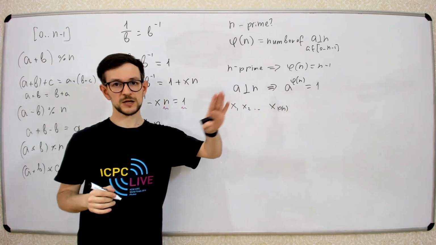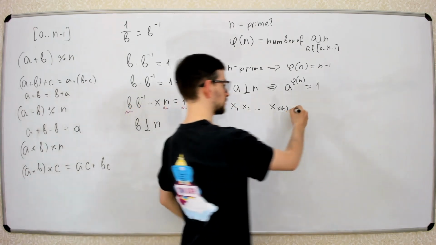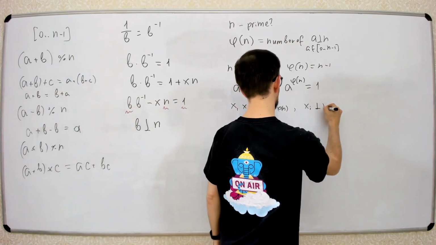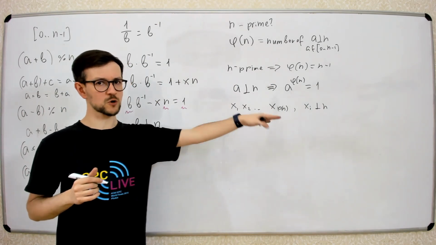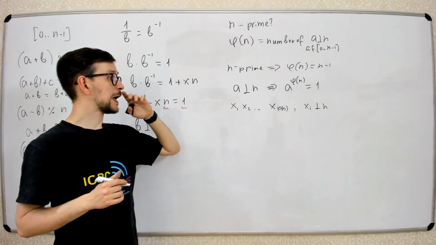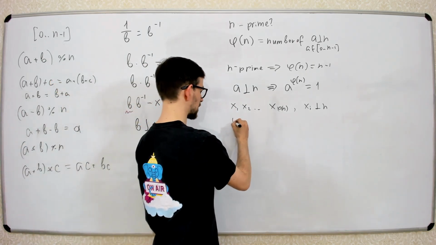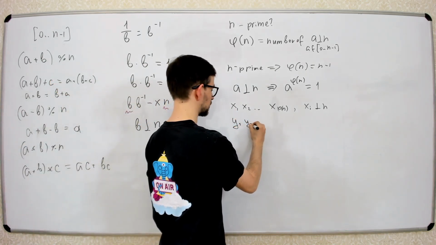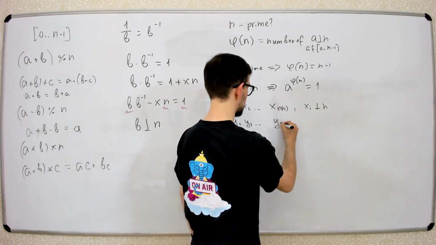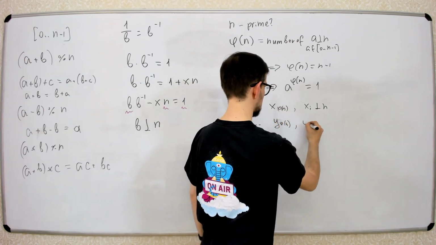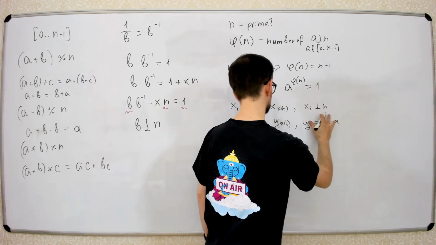This is the set of all numbers coprime with n. And let's multiply them all by this number a. So let's see y1, y2, and so on, y phi of n. Each yi is just xi multiplied by number a.